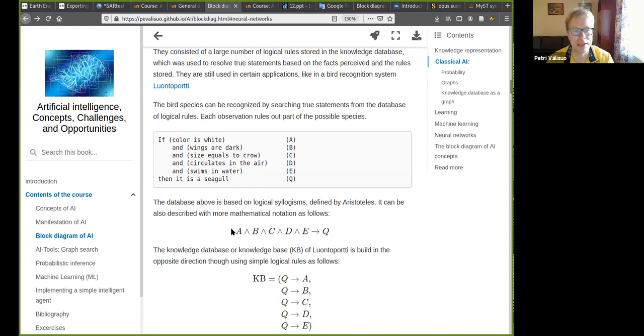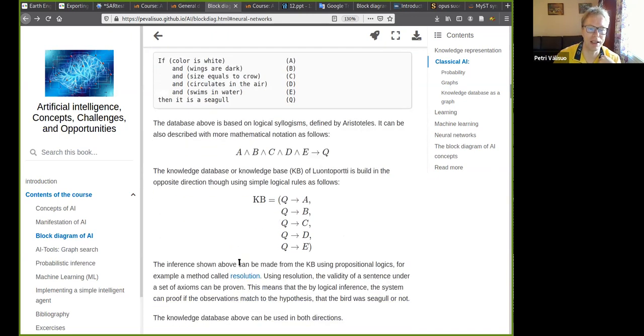And it has a search engine where you can describe these A, B, C, D, and E, and then it tries to figure out what bird it was. Probably this information is coded in the knowledge base of Luontoportti in the opposite way, because that's more convenient. So they have selected a seagull Q, and then they have marked there that the seagulls are white.